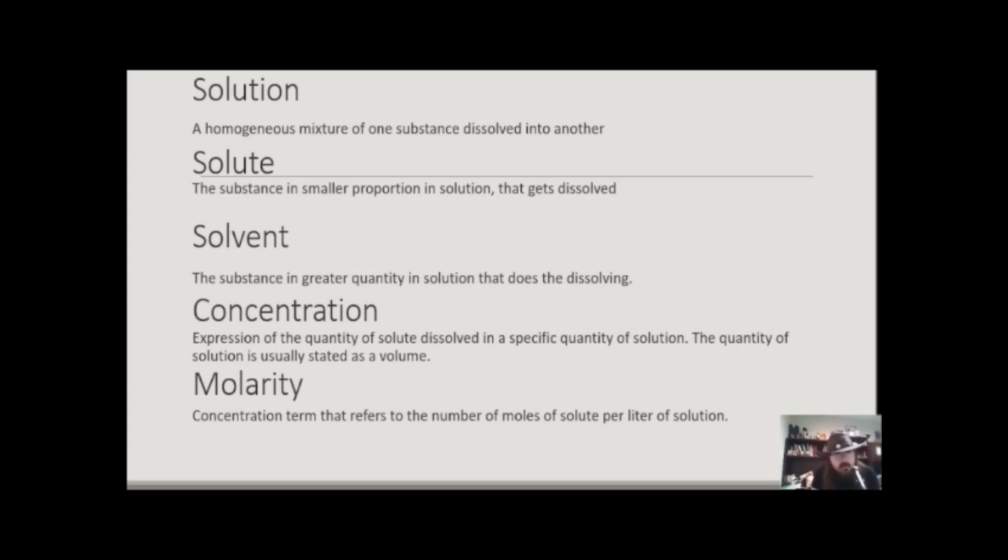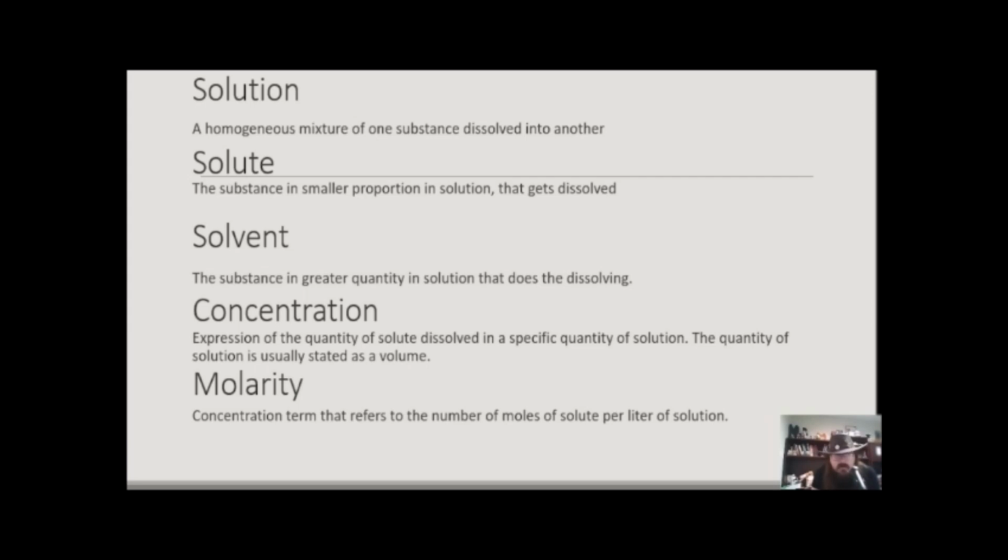Please keep in mind, to make a solution homogeneous, sometimes stirring is necessary, like in our demo. When I first mix them together, the particles take a while to spread out before it's fully homogeneous. So stirring and agitating will help mix those along. Using that, we can measure the concentration, and that's going to be how we're going to count these particles. A concentration is just the expression of the quantity of a solute dissolved into a specific quantity of solution.